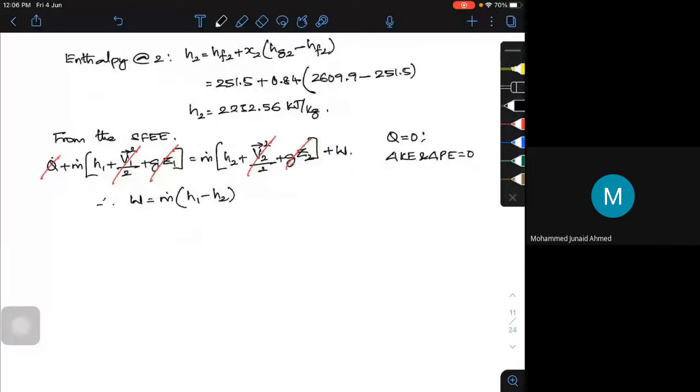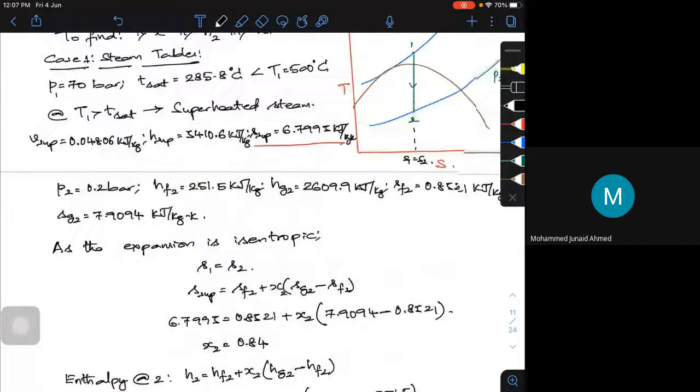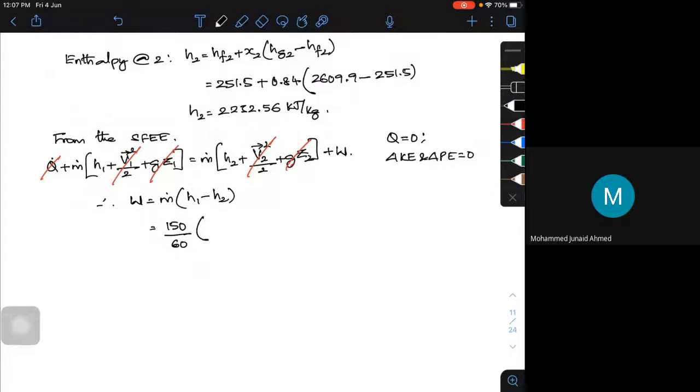Now, mass flow rate is given as 150 kg per minute. I have to convert it to kg per second, so I divide by 60. So 150 divided by 60 into H1, which we just got, 3410.6, and H2, which we found is 2232.56 kilojoules per kg, so kg per second.